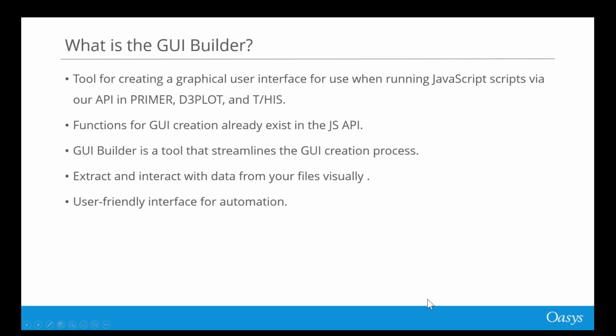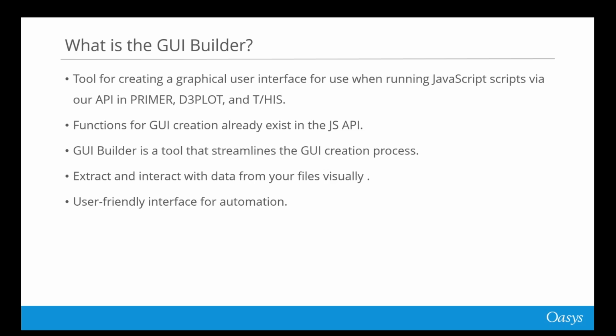So, what is the GUI Builder? The GUI Builder is a tool for creating graphical user interfaces within our JavaScript API. This tool is present in Primer, this, and d3plot for the moment.